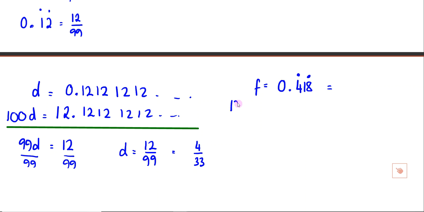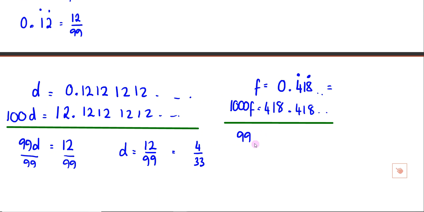You would. So we do 1,000 F equals. Okay. So I would then subtract. And I get. So finish us off. What do we do?